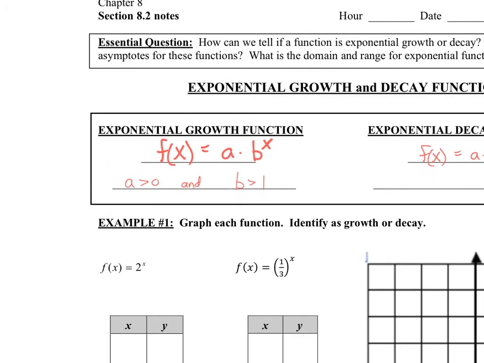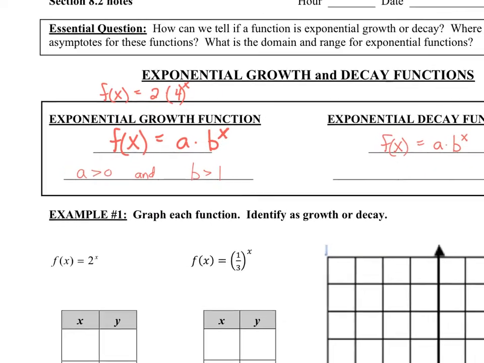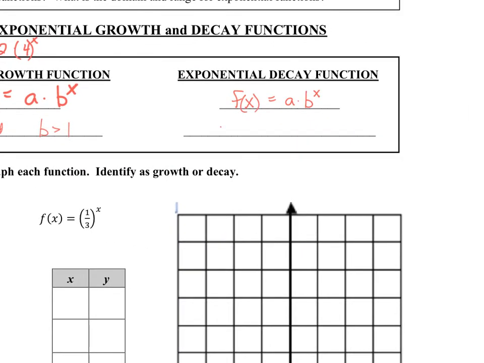So one example of that could be f of x equals 2 times 4 to the x power. That would be a growth function because b is 4 and a is 2. For decay, a is greater than 0, and in this one, b is less than 1 and greater than 0.